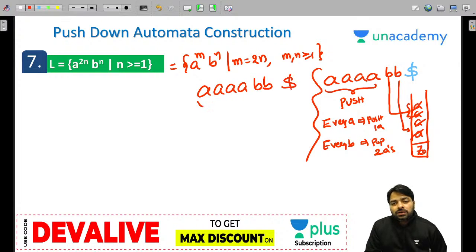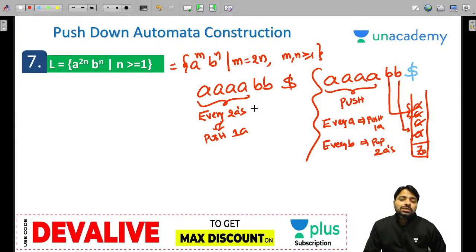What is the other logic? Every 2 A's, push 1 A. It means, how do you do that? First A skip, second A push. Or first A push, second A skip. But every 2 A's, push 1 A. And every B, pop 1 A only.